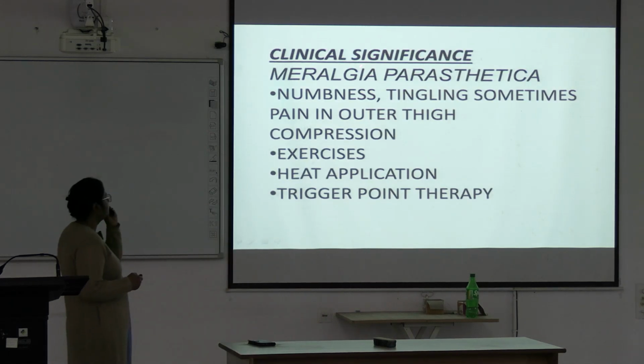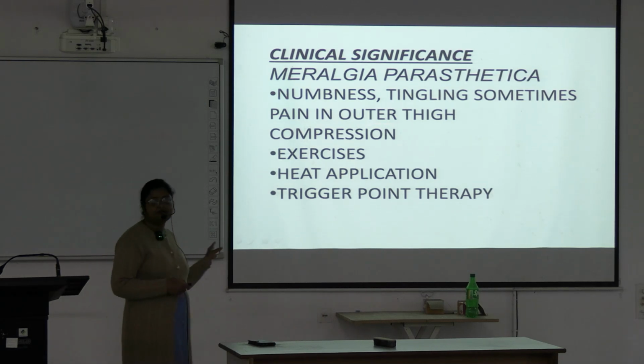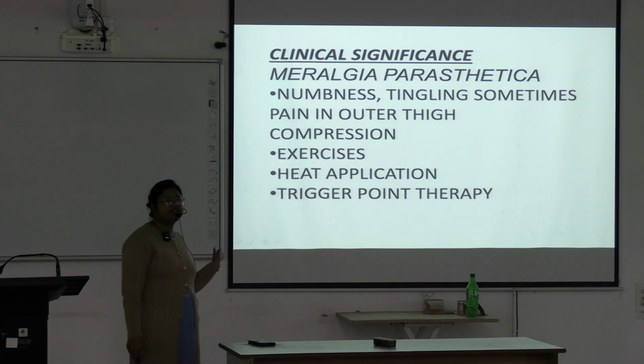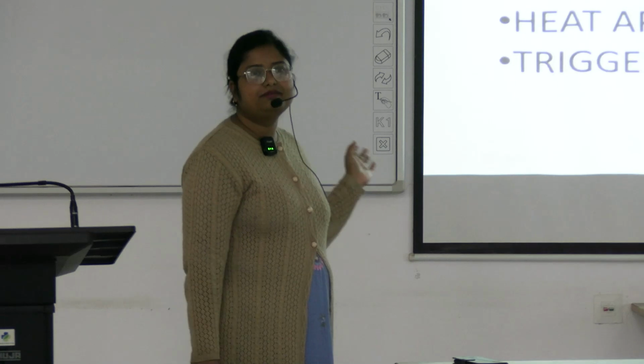Clinical significance: here is meralgia paresthetica. There will be numbness, tingling, sometimes pain in the outer thigh due to compression. Okay, this is given as a clinical aspect. What is meralgia paresthetica? As a part of the long question or in your MCQs, which nerve is involved?